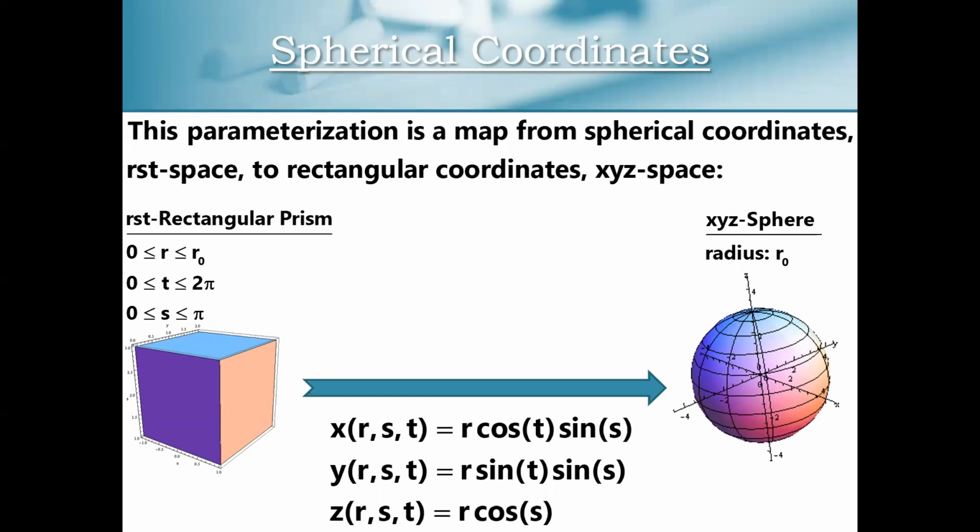We have our mapping here on the screen. If you have a parameterization of a region, you also have a mapping between RST space and XYZ space. And we can now use this to integrate over our region as well. So we've got a spherical coordinate system, we have a parameterization for a sphere, we have the ability to get a volume conversion factor, and we're also going to have the ability to compute triple integrals using spherical coordinates.